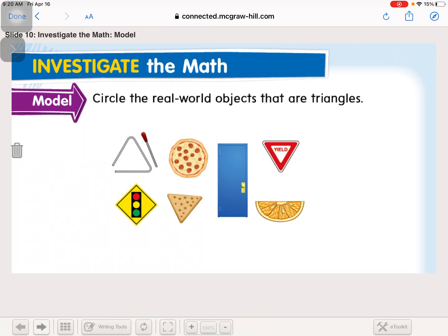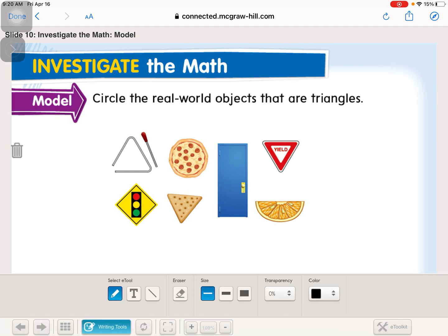We're going to look at the real world objects that are triangles. Now we know that triangles have three sides, right? Because tri means three, like tricycle has three wheels. So a triangle has three sides. Let's look here.